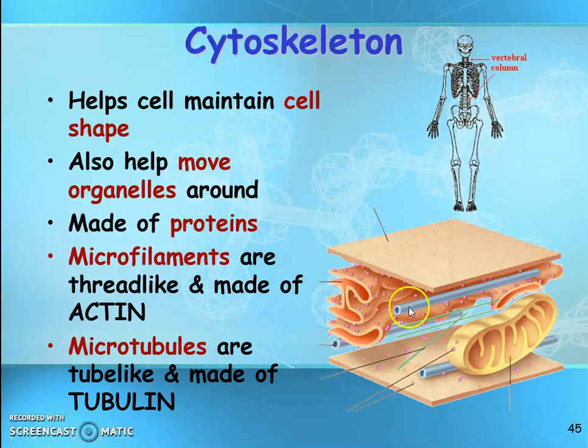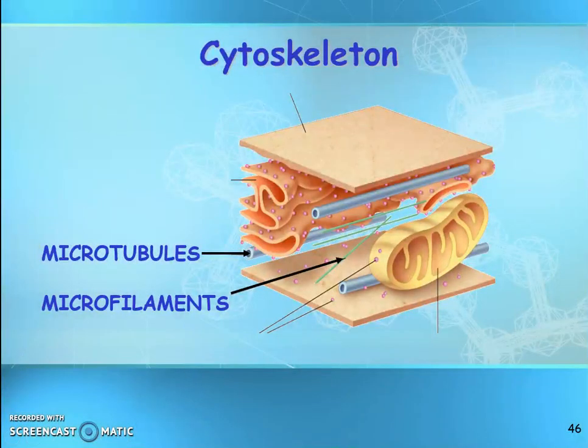Then you look at these tubules, which are microtubules. They are tube-like and made up of tubulin. So these green filaments are small microfilaments, and these tubules are the microtubules.